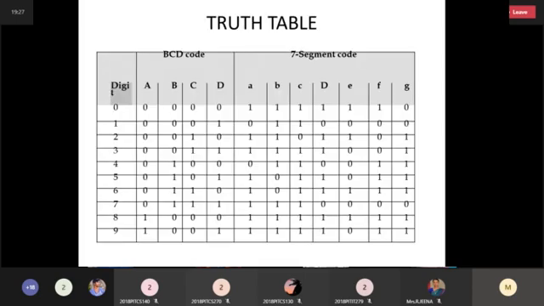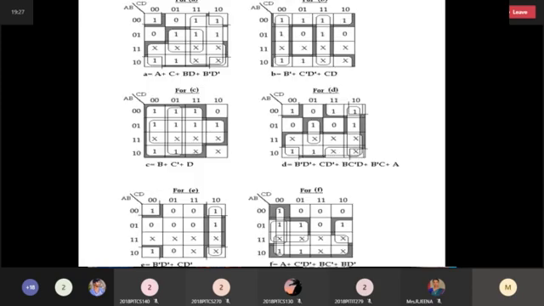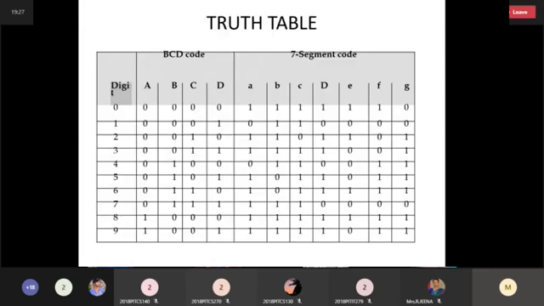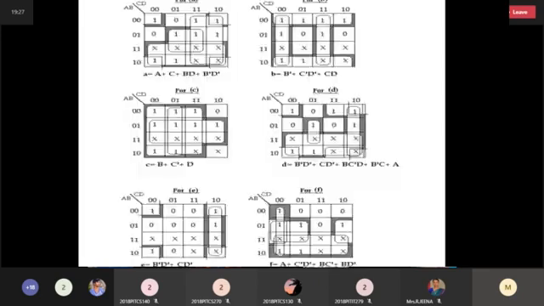Next, what is the second value? 0, so A, B is 0 and C, D is 0, 1. 0, 0, 0, 1 is 0. Next, 0, 0, 1, 0 is 1. Next.